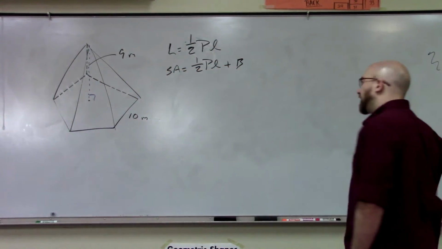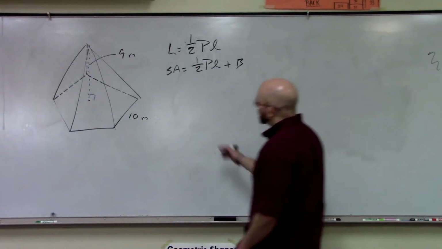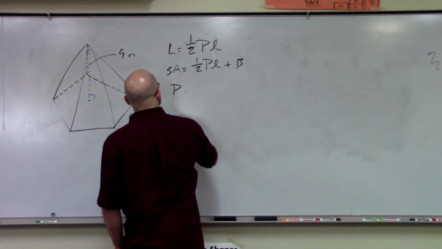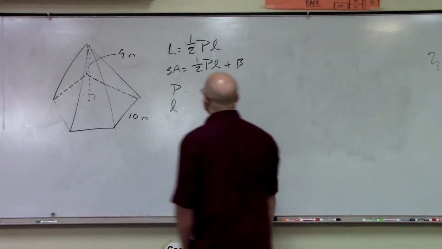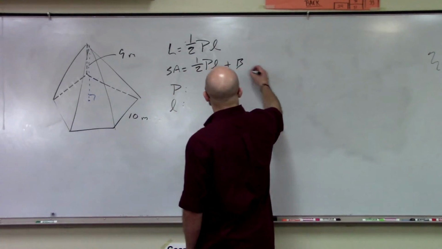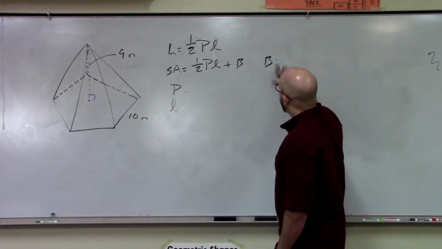All right, so we got a lot of stuff to find here if we think about it. First one is we need to find the perimeter and l, and while we're at it, we need to find capital B. Right? All the stuff we need to find.